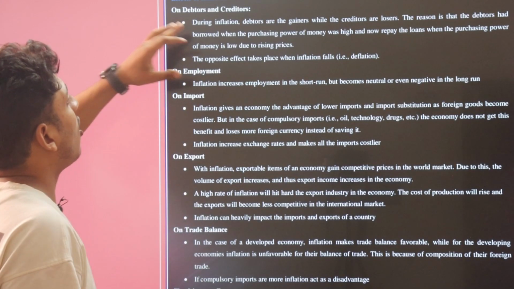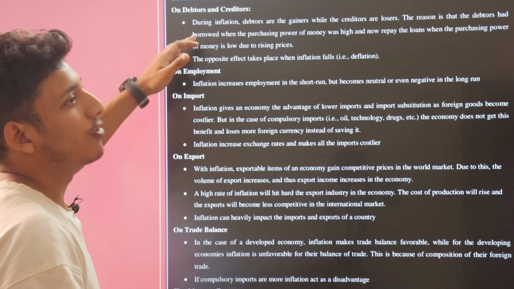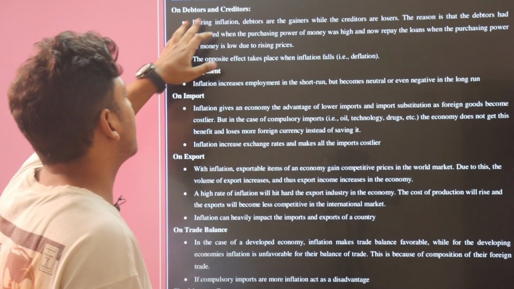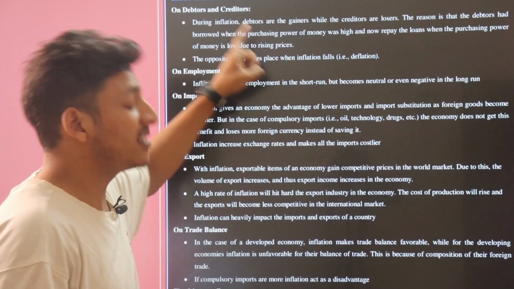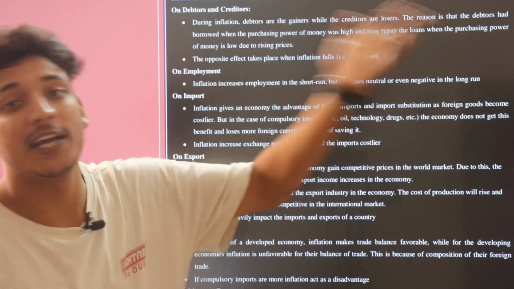Now, effects of inflation. Who will get affected by inflation? Debtors and creditors. Basically, debtors are those who get the loans, and creditors are those who provide loans. Let me explain with an example.